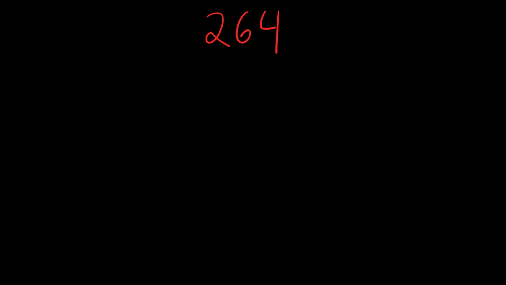Awesome. So now we have 264. It's even, so I know it's going to be divisible by 2. That's a good place to start. 2 times 1 is 2, so I'm going to put a 1 here. 2 times 3 is 6, so I'm going to put a 3 here. And 2 times 2 is 4, so I'm going to put a 2 here. So I have 2 times 132 gives us 264. Now 132, I can further break that down.